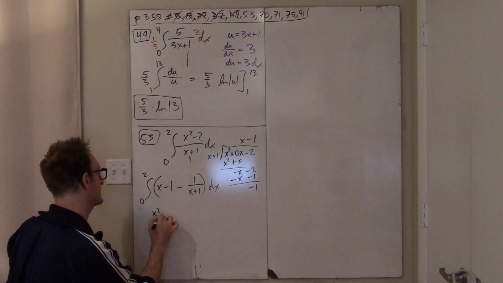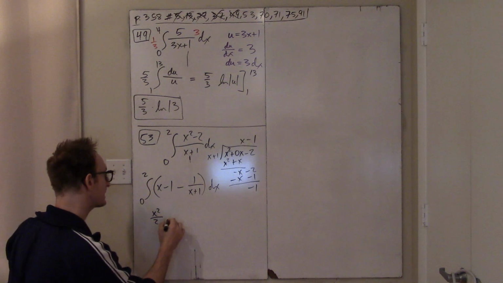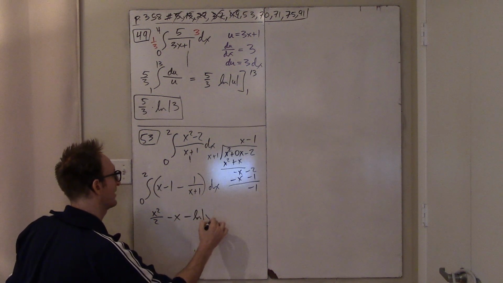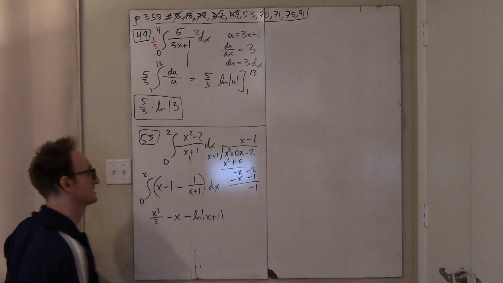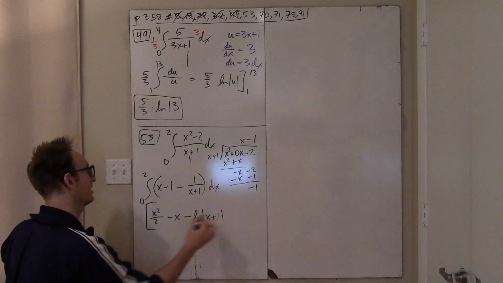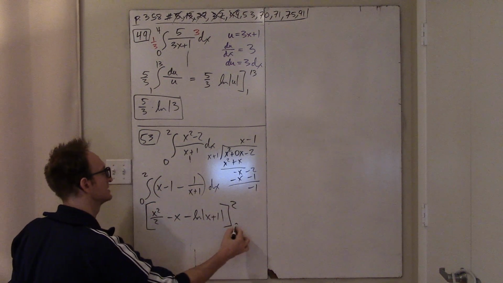It's just going to be x squared over 2 minus x minus ln absolute value x plus 1. And you can just double check that if you differentiate this, you just get that. Okay, but all evaluated at 2 and 0.